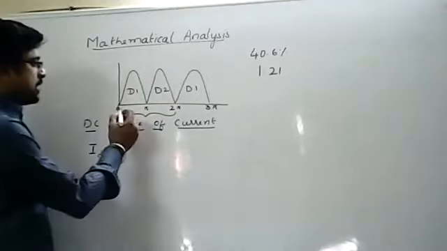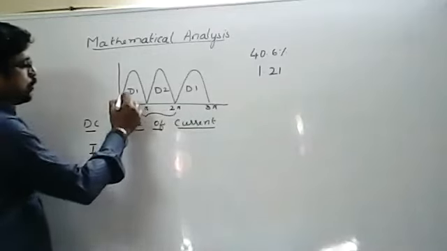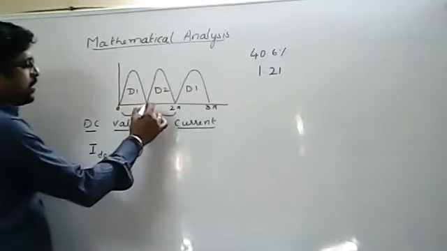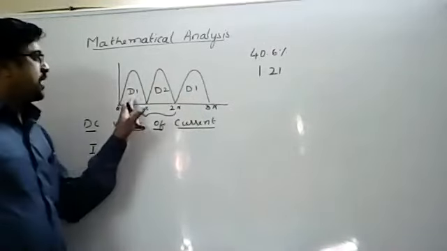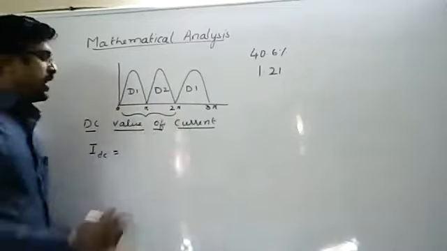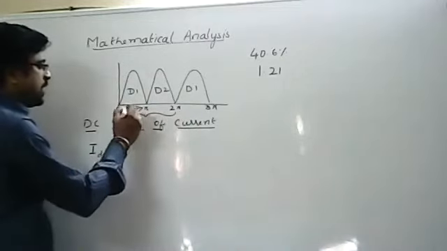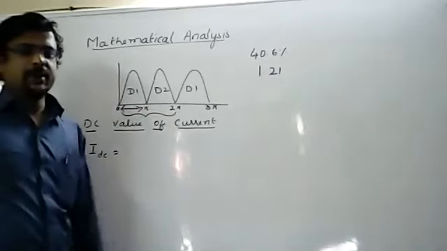This is one complete cycle, 0 to 2 pi. But from 0 to pi, the wave is the same as from pi to 2 pi. Both are the same. So why calculate for one complete cycle? It is enough if I calculate for the cycle between 0 to pi, because I will get the same value.